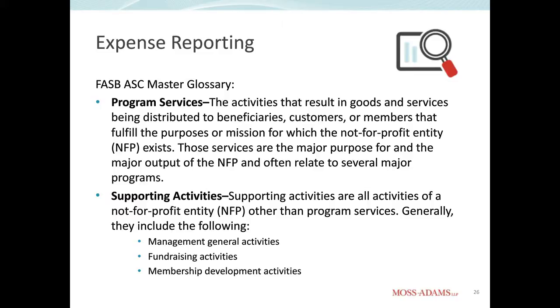It may be actual direct time. Individuals who are working on various programs and supporting activities may track their time on a daily basis and directly allocate those costs based upon actual time. So again, it's very important to spend some time thinking about the methodology that you will use in order to allocate those expenses.